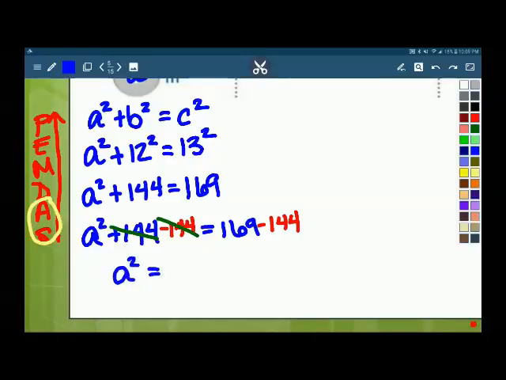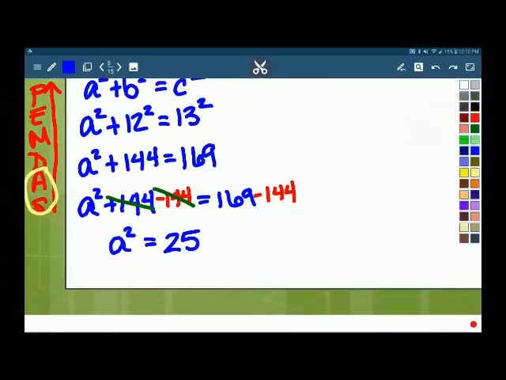Now we need to do 169 minus 144, which is 25. And now it looks like one of the equations we solved really often when we were solving the x squared equations. We just need to undo that square by square rooting both sides of the equation. The square root and the square will cancel, leaving just a.